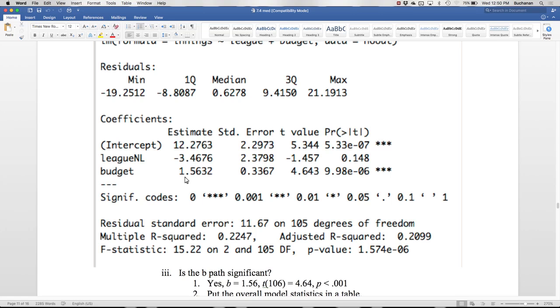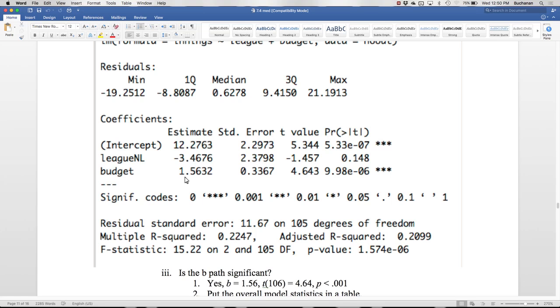Negative 1.46. Yay! So you don't want this to be significant.